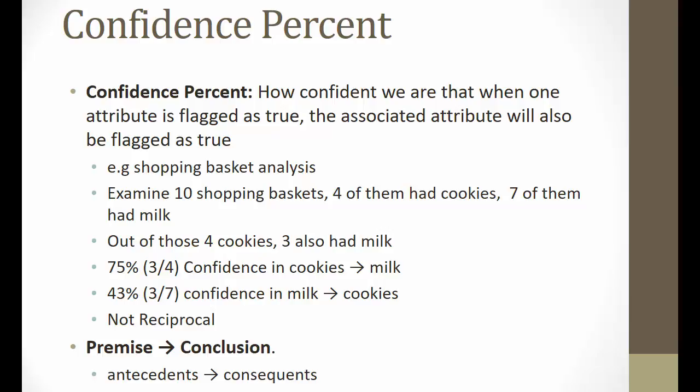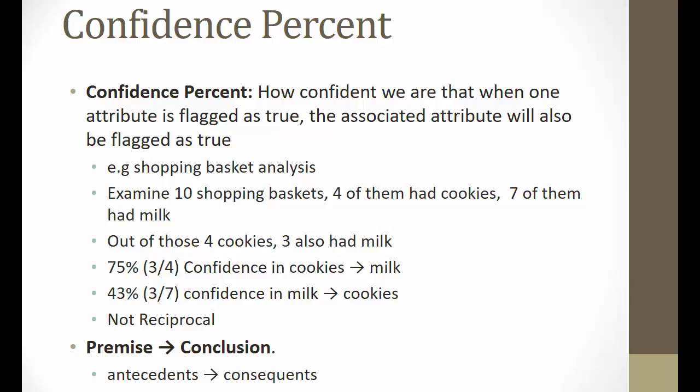So let's calculate the confidence for each of these rules. Let's calculate the confidence for buying milk leading to buying cookies, and buying cookies leading to buying milk. Let's say that we want to calculate the confidence for cookies to milk.